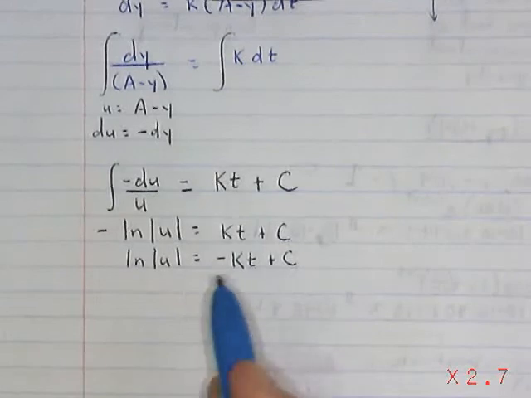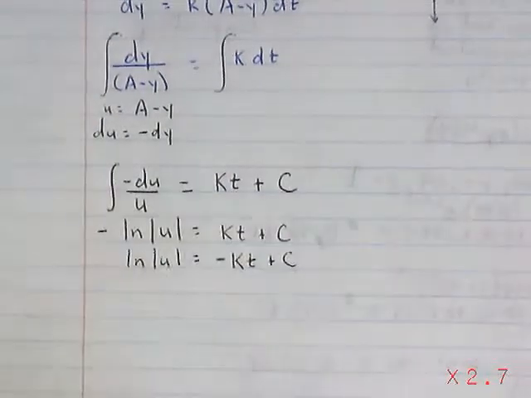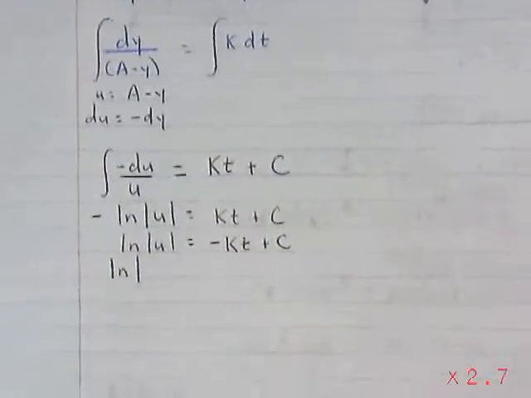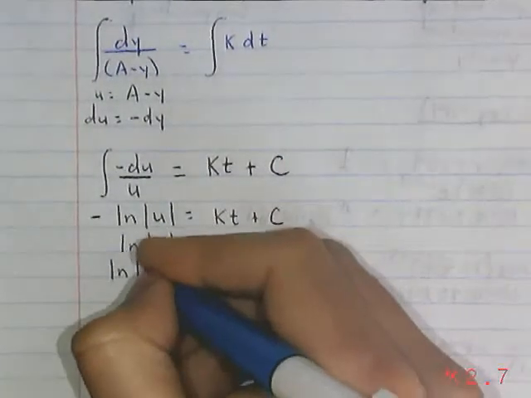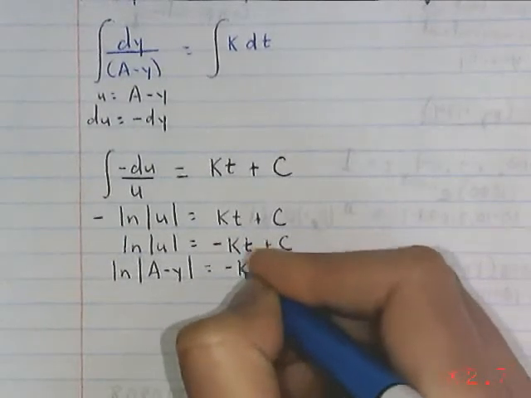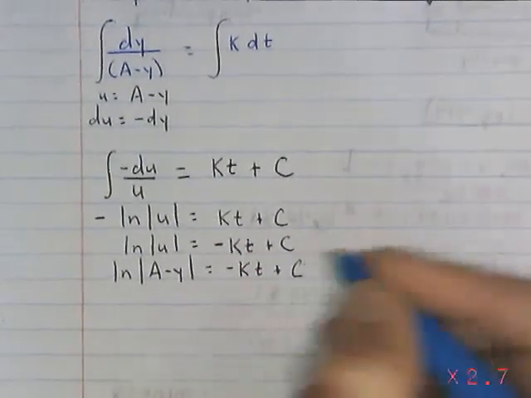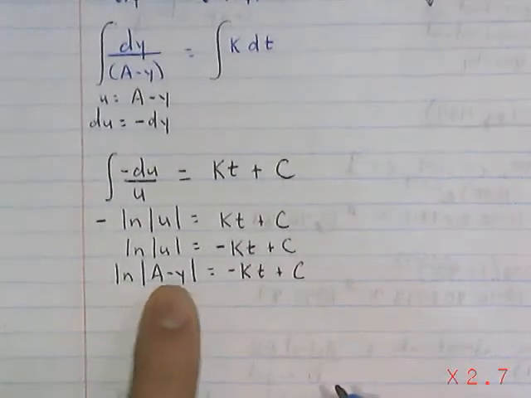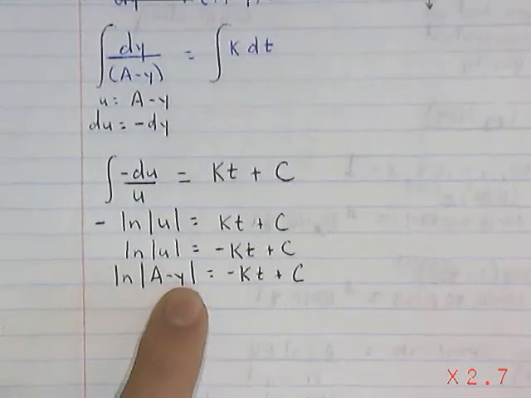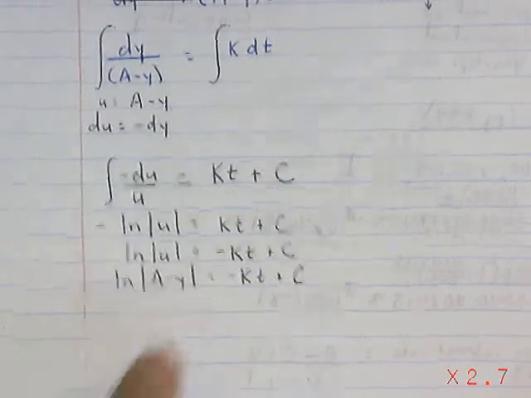Okay, and then at this point we should probably sub back in for u. So this is the natural log of a minus y equals negative kt plus c. But we're trying to get an expression for y, or an equation rather, so we know what the function is. And so we need to somehow free the y.